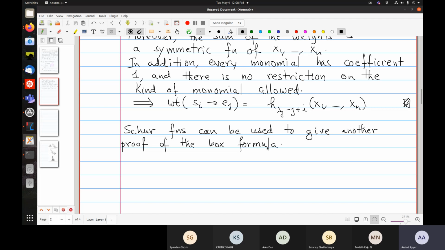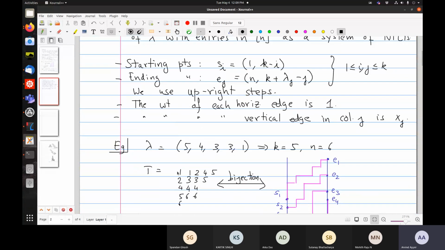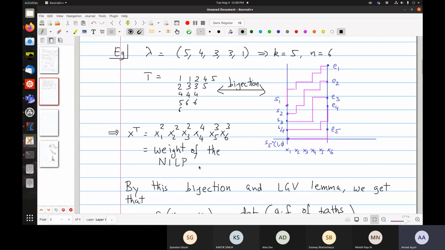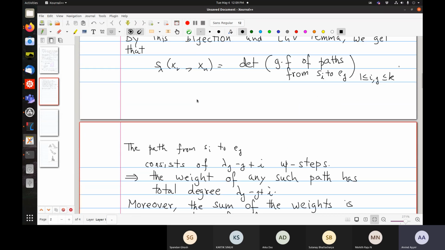Look at the previous tableau. Instead of writing the tableau using numbers, we will write it using variables, the things that we are going to multiply. So instead of writing 1, 1, 2, 4, 5, we'll write x1, x1, x2, x4, x5, like that.